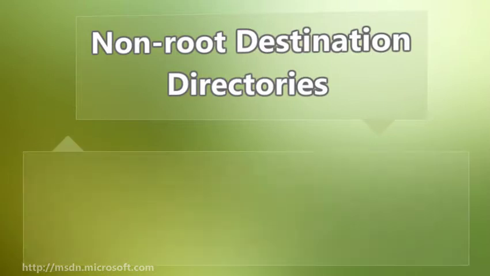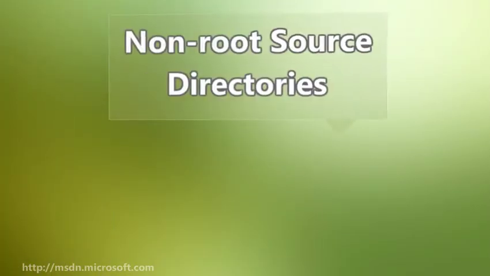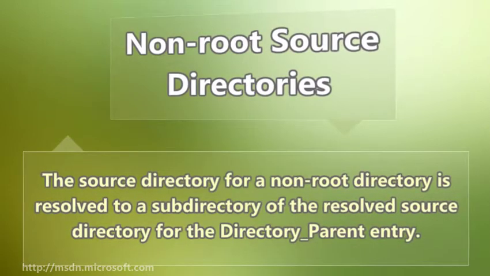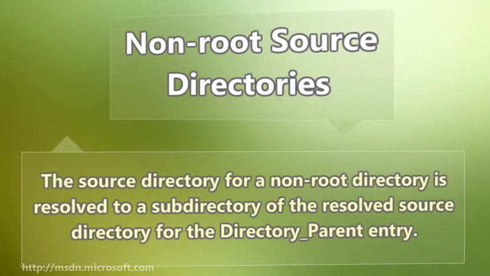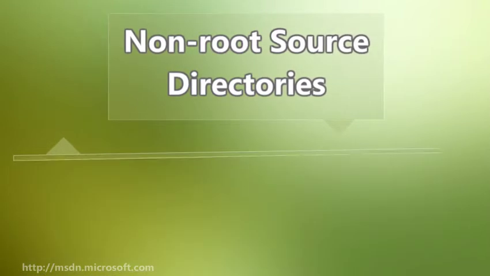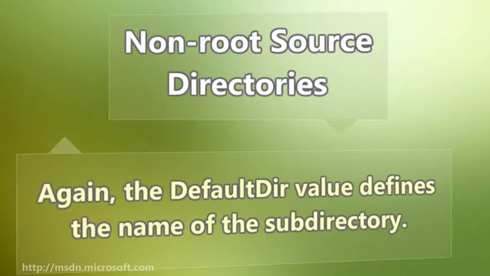If the property is not defined, the destination directory is resolved to a subdirectory beneath the resolved destination directory for the directory parent entry. Non-root source directories. The source directory for a non-root directory is resolved to a subdirectory of the resolved source directory for the directory parent entry. Again, the default value defines the name of the subdirectory.